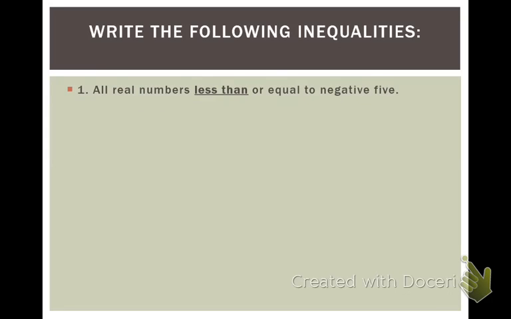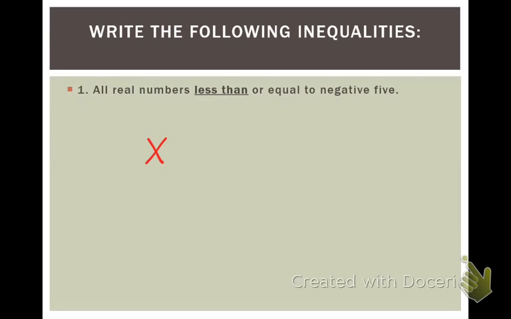All right? Now, writing inequalities. Write the following inequalities, and it can get a little tough sometimes. If we wanted to represent all real numbers less than or equal to -5, we need symbols. What symbol can we use to represent all real numbers?